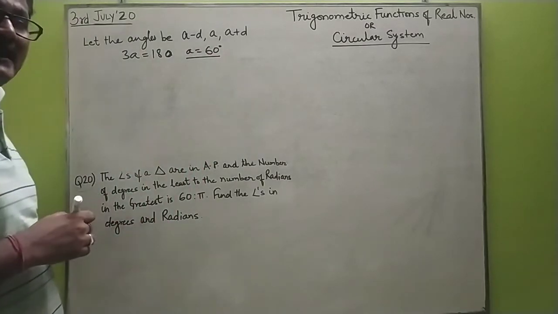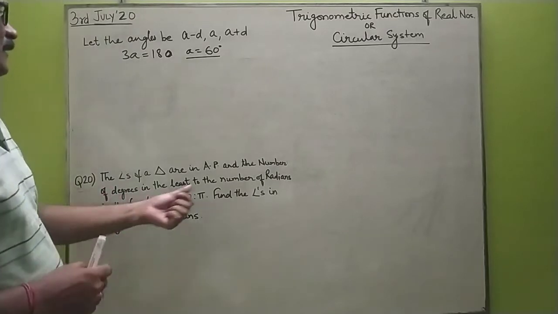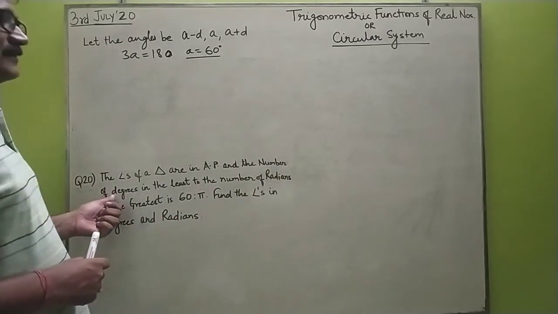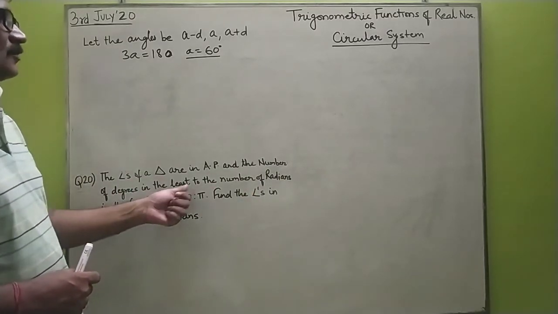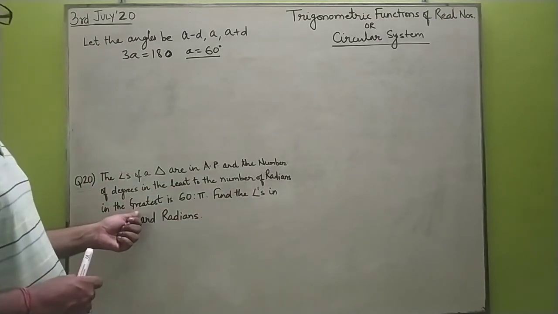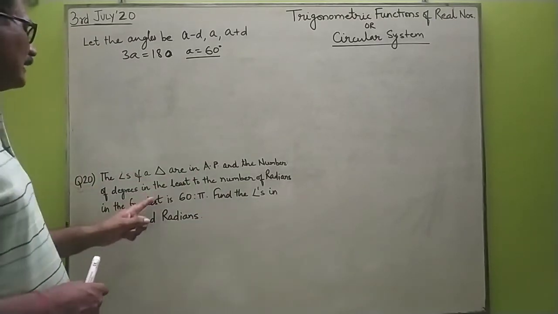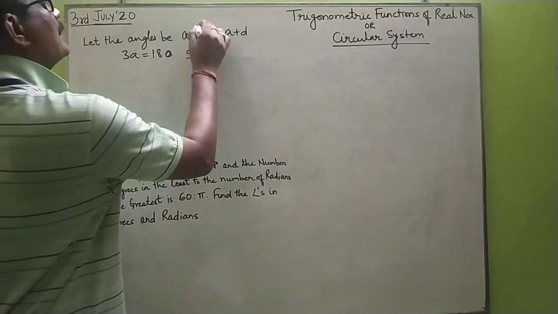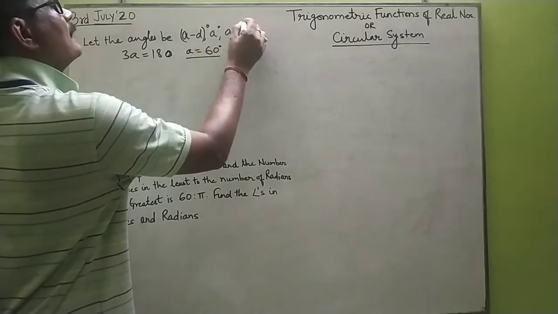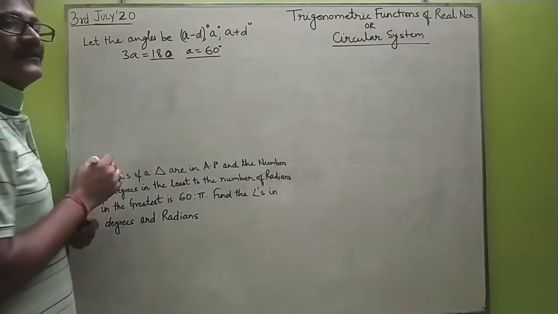Now the second statement that you get is the ratio of the number of degrees in the least to the number of radians in the greatest. It talks about the number of degrees in the least, and we have taken them in degrees. That is why we wrote 180 degrees. The sum has three angles.